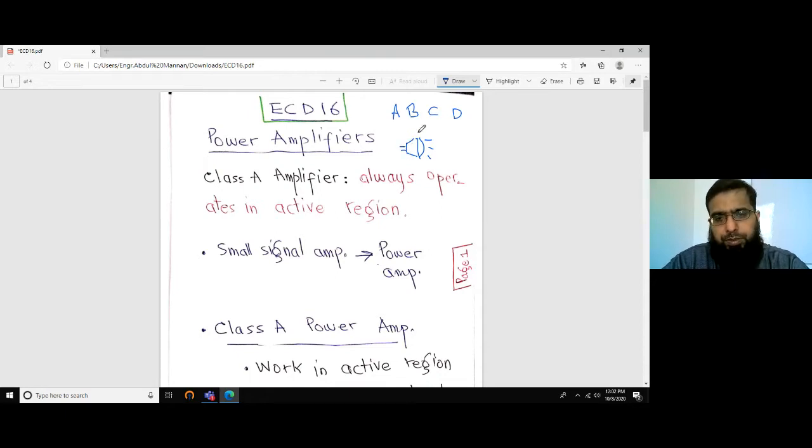So power amplifiers mainly drive speakers, so we need maximum output power at the output of this amplifier stage.